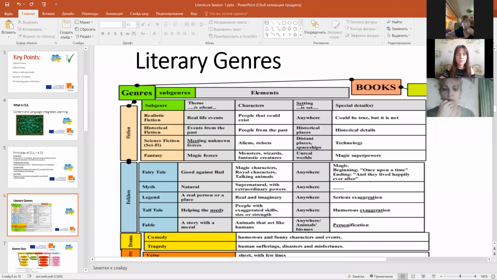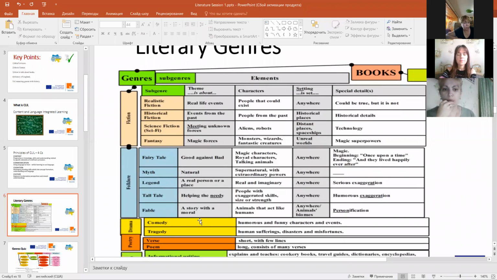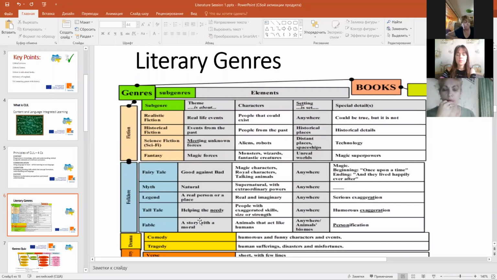We actually focus on this part. So we talk about fiction, we talk about folklore, and sometimes we may do drama and poetry. Each of these genres has elements such as theme, characters, setting, and special details.